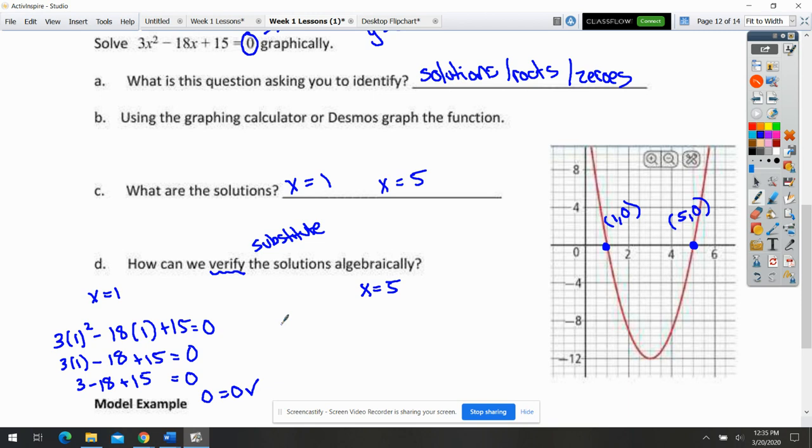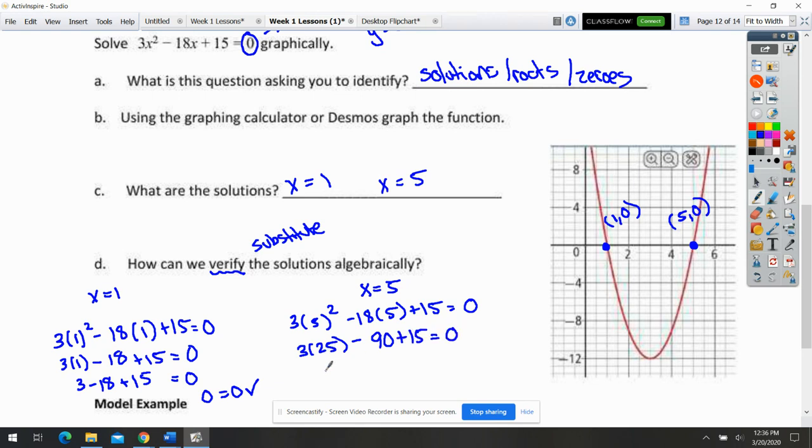Again, you're going to substitute 5 for x. You can put this directly into the calculator as is, or you can go step by step using order of operations. 5 squared is 25, minus 18 times 5, which is 90, plus 15.